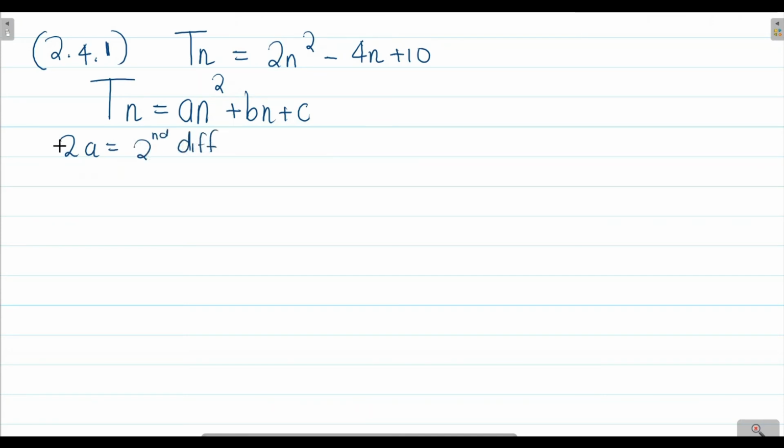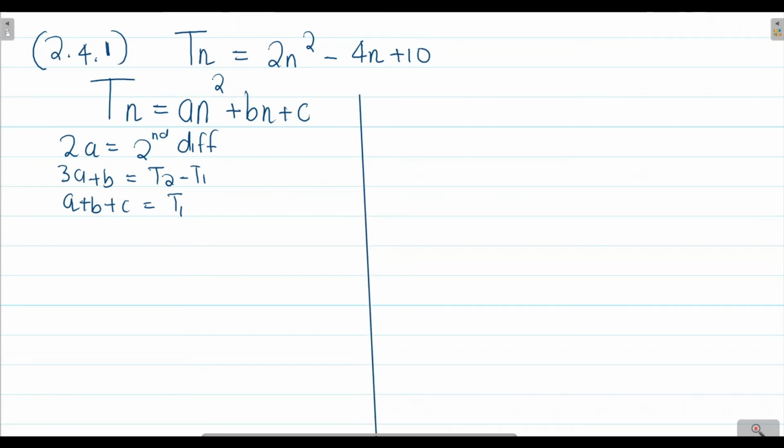We know that 3a plus b is equal to t2 minus t1. And then we know that a plus b plus c is equal to t1. So we're going to substitute all these values and prove that, in fact, the formula for the nth term of this quadratic pattern is given by 2n squared minus 4n plus 10.